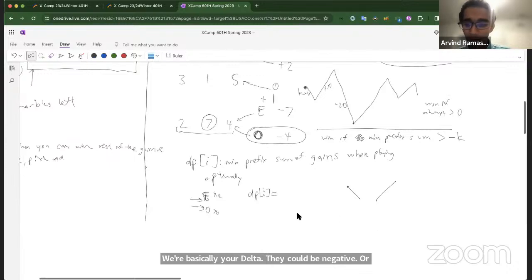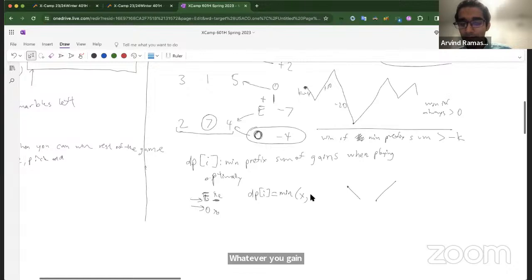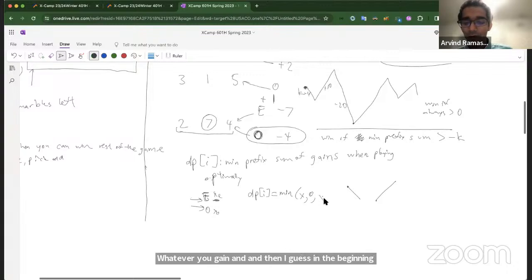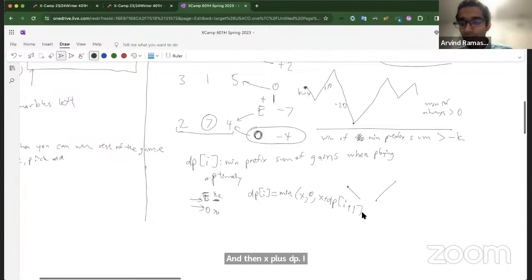Maybe it could be zero, I'd have to think, but it's basically the minimum prefix sum. So it's going to be the min of 0, since in the beginning you also have a prefix sum of zero, and x plus dp[i+1].